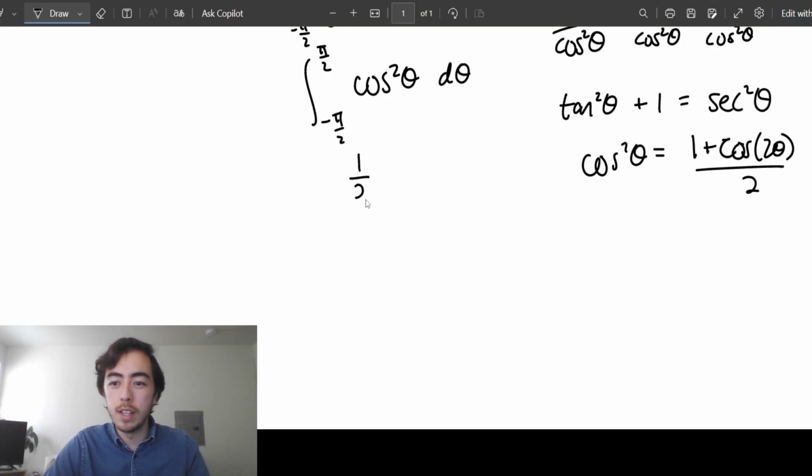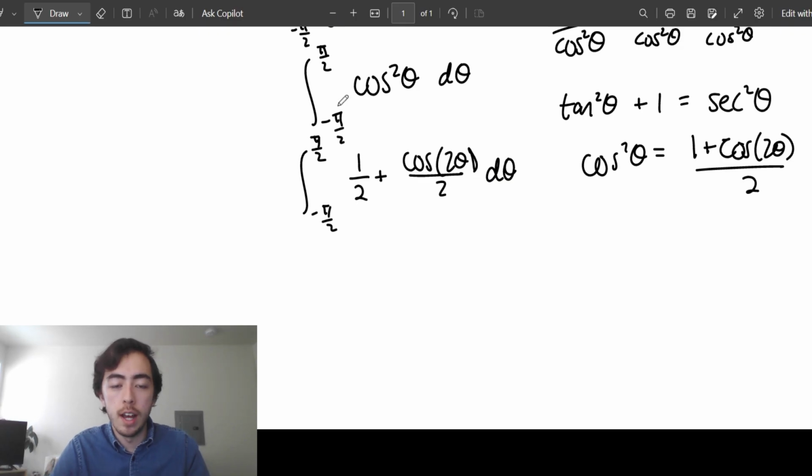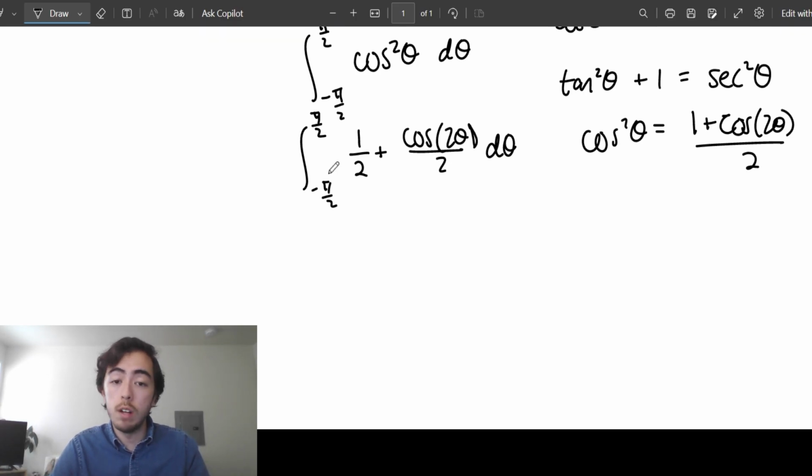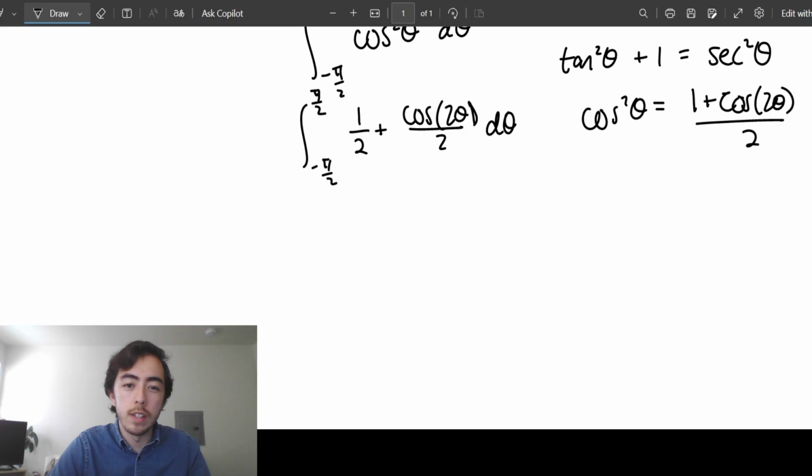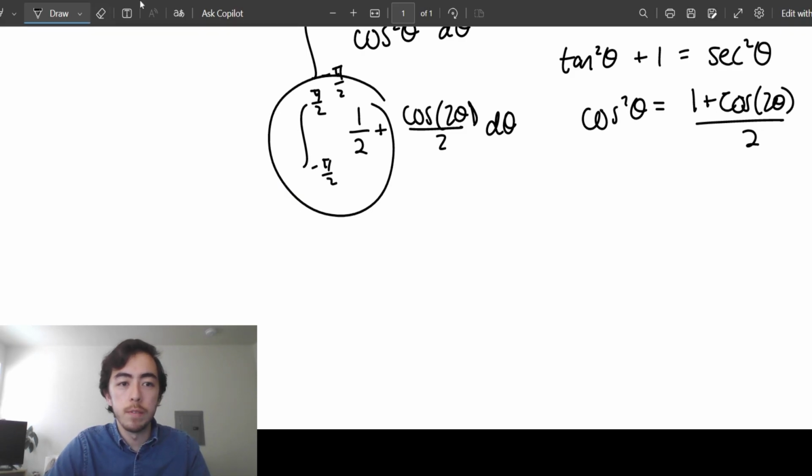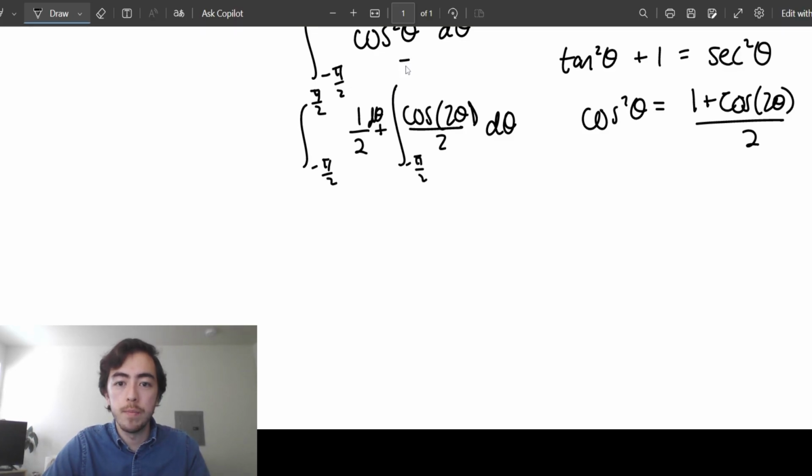And then I could replace my integrand with that. I am going to split that divide by 2, just so it's a little bit easier for me to approach both parts. I'm going to keep the same bounds, d theta, and then I guess we could solve. So let's see. This part right here, I could actually just do geometrically, because here I'm also imagining that I'm splitting my integral into 2, something like this.